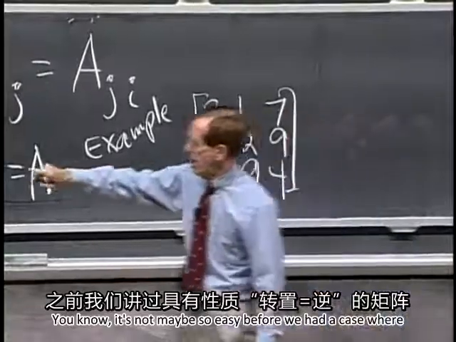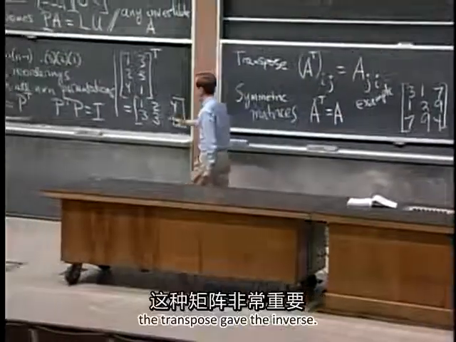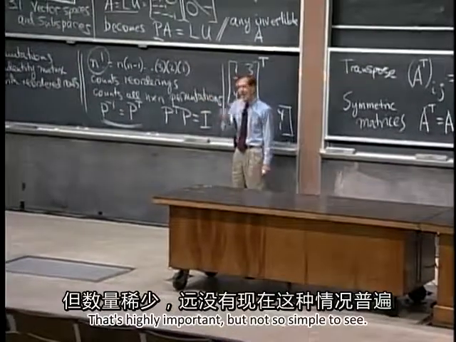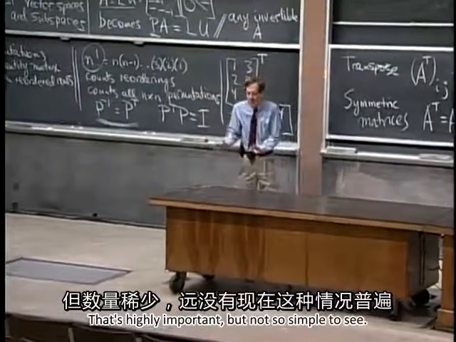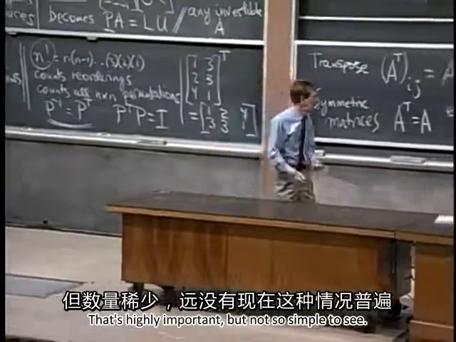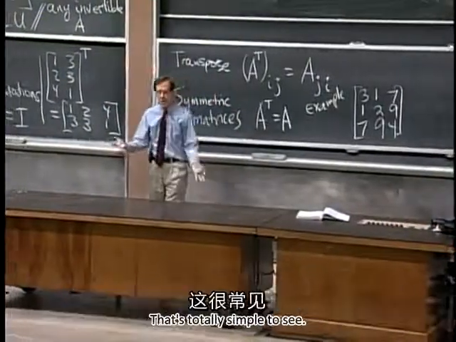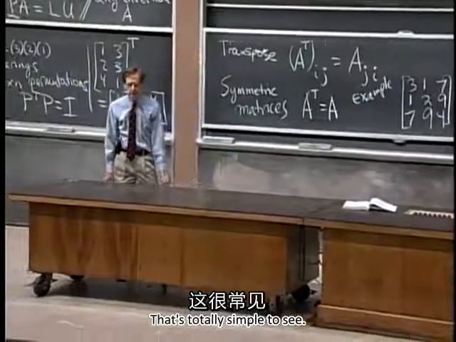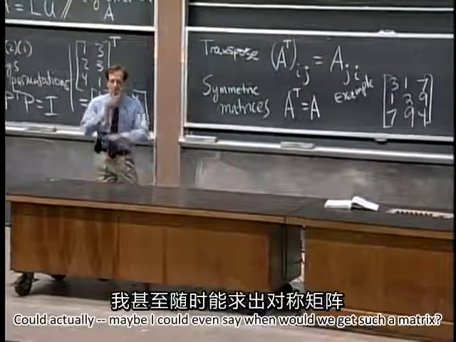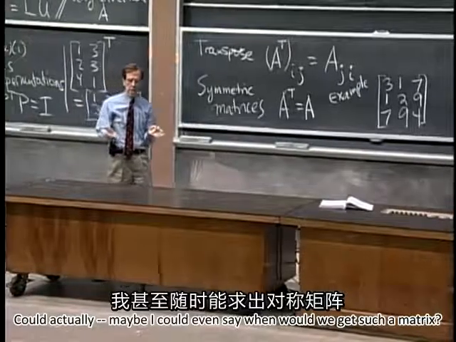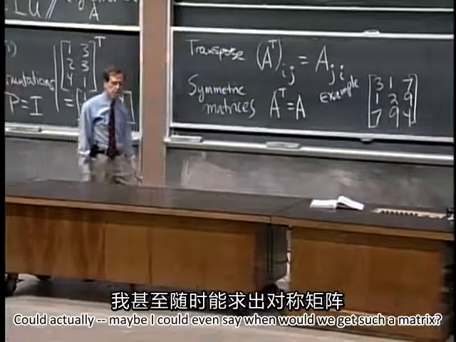Before we had a case where the transpose gave the inverse. That's highly important, but not so simple to see. This is the case where the transpose gives the same matrix back again. That's totally simple to see. Okay. Actually, maybe I could even say, when would we get such a matrix?